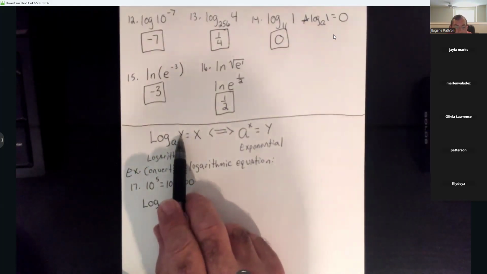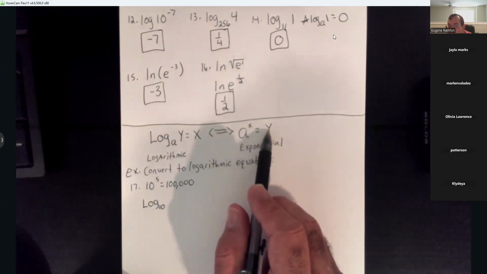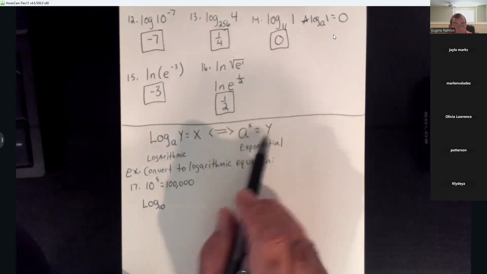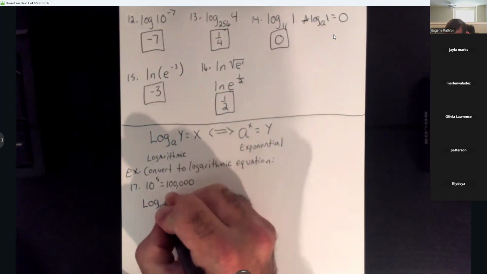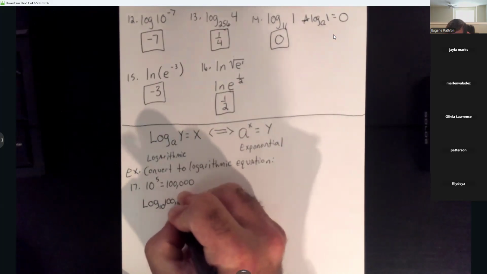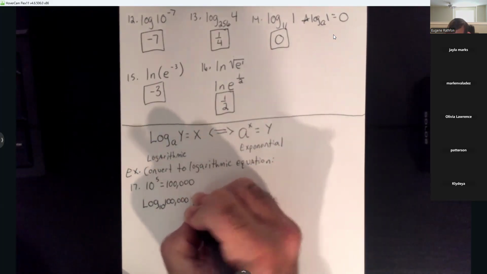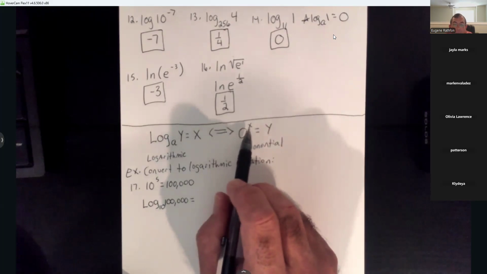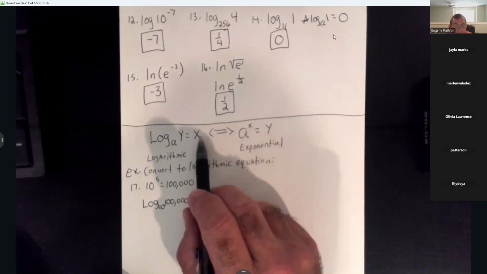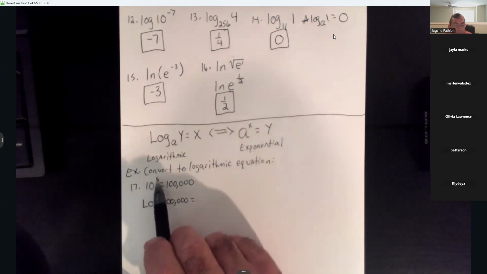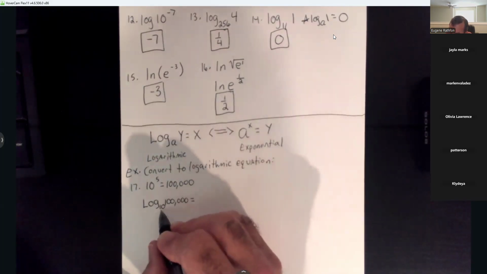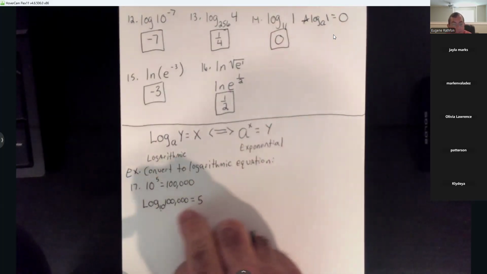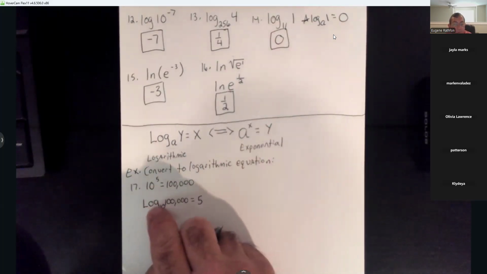The result of the logarithmic is the same as the result of the exponential, so the 100,000 is my result here. Remember, the logarithm finds the exponent. The exponent is x, which matches x here. So the exponent was 5. So log base 10 of 100,000 equals 5. That is the conversion from exponential to logarithmic.